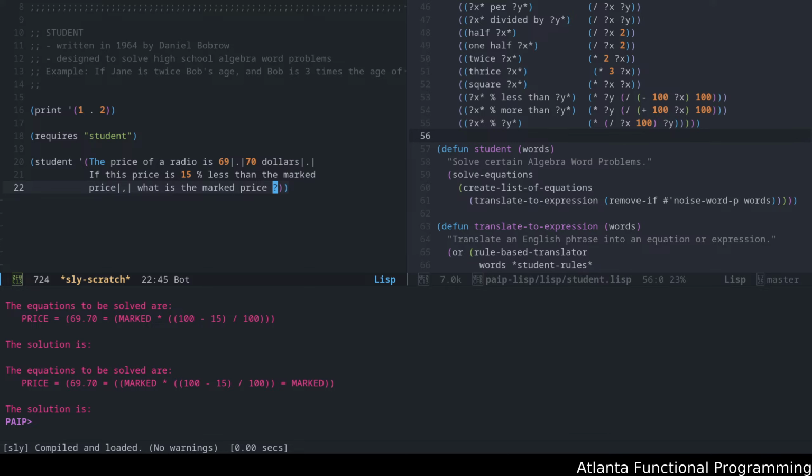Okay, so we potentially need to adjust the rule-based translator to handle this, interestingly. Let's see what I do if I just take this guy out, just to try some stuff out.